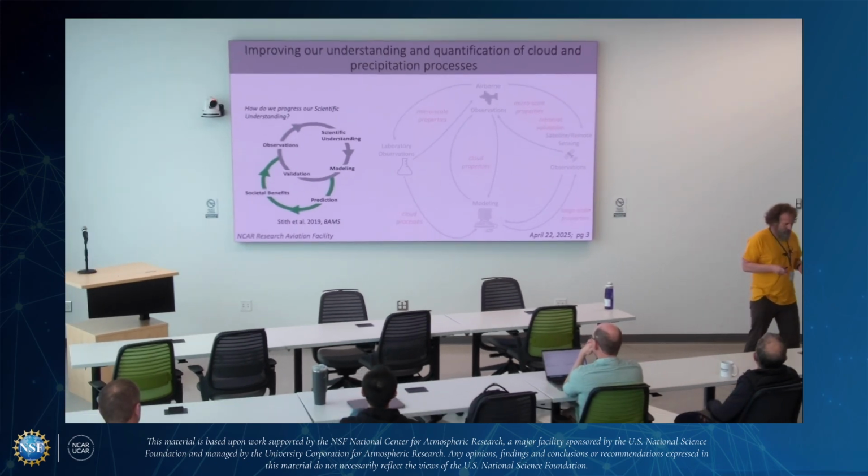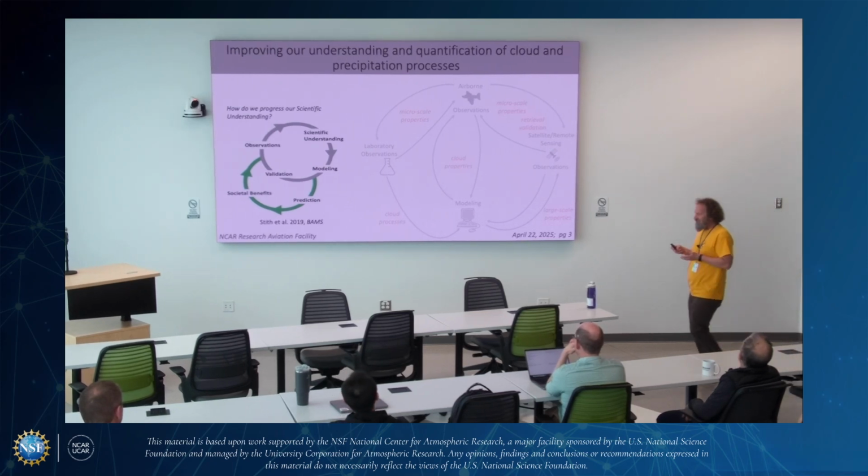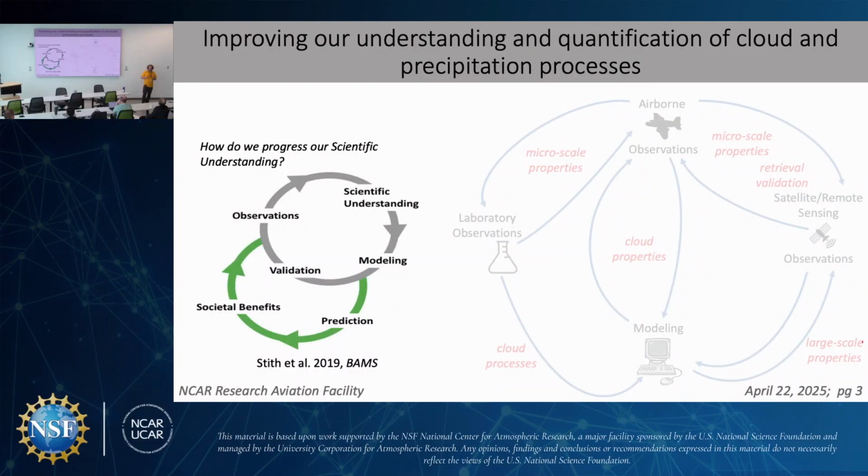and from those we gain some type of scientific understanding or knowledge of what we're observing, and develop some ideas of what may lead to those types of observations or characteristics.